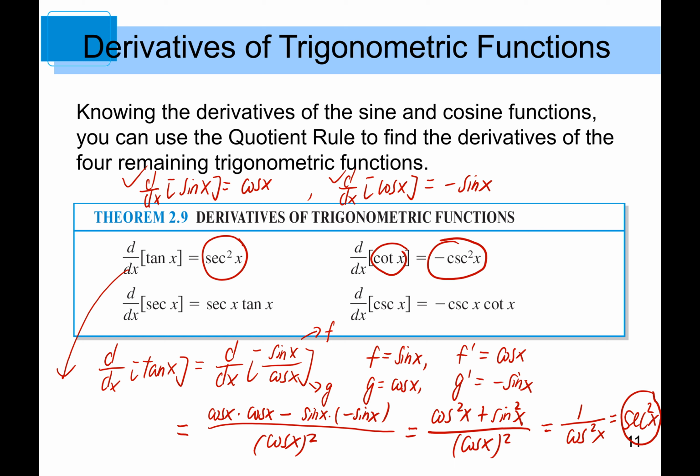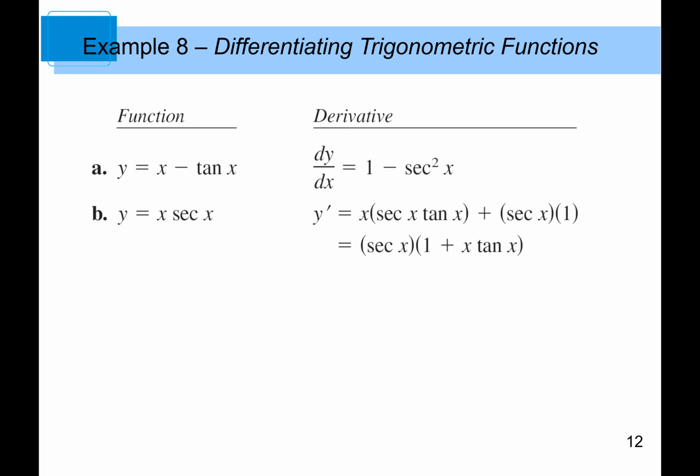The derivative of secant x becomes secant x times tangent x. The derivative of cosecant x becomes negative cosecant x times cotangent x. Once you know all of this, we can move on to the next slide.